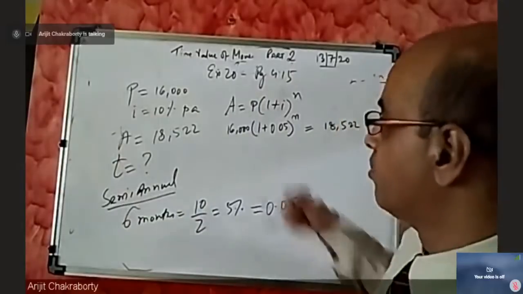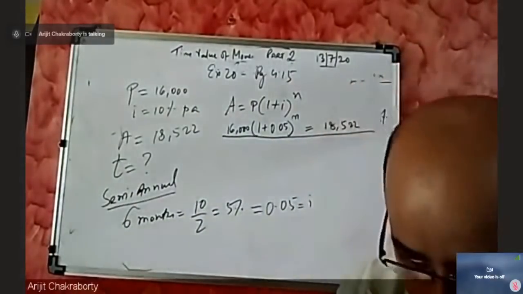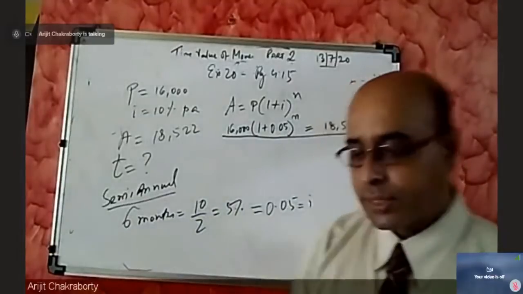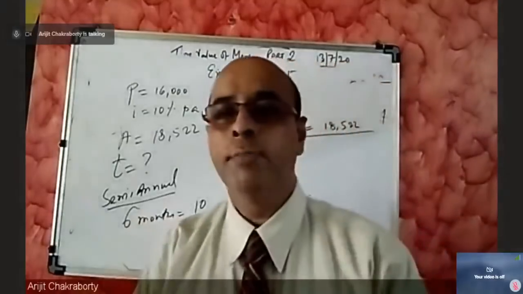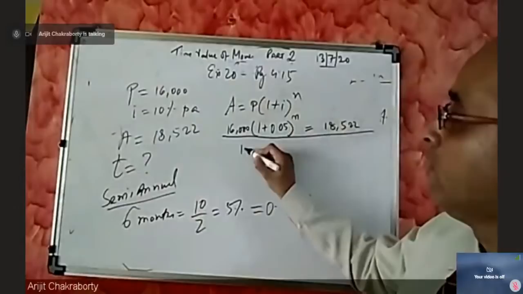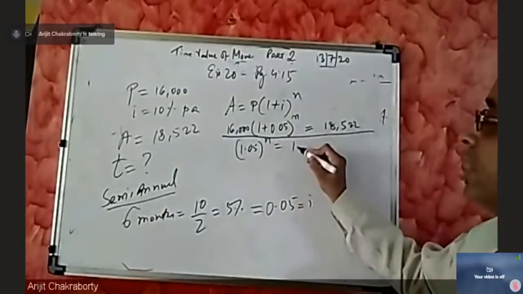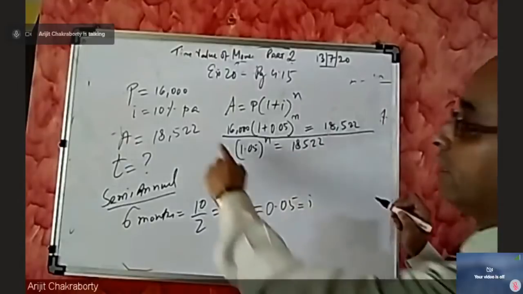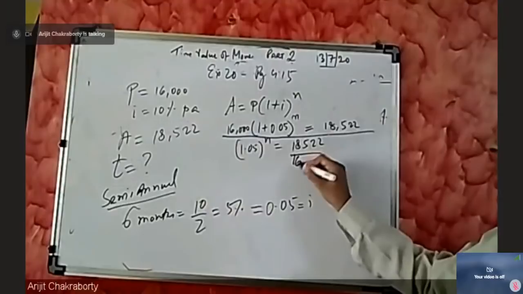This is the main formula, so keep a note of it. 1 plus 0.05 is 1.05. So 1.05 to the power n is equal to 18,522 divided by 16,000. This 16,000 comes here, divided by 16,000.